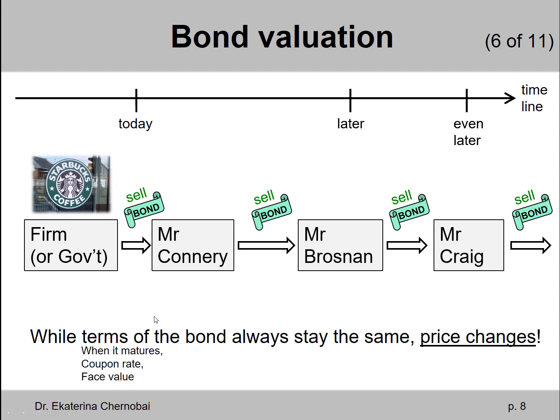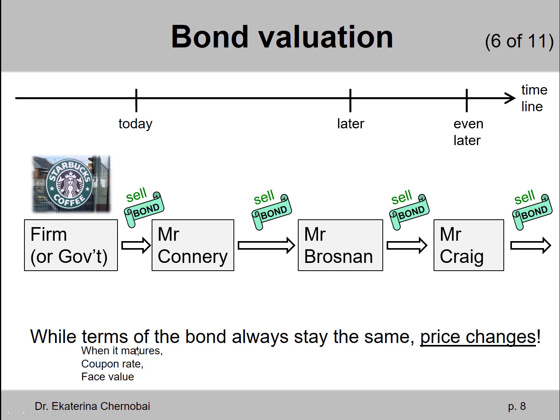One thing remains: when these bonds mature, when the last payment would be made by Starbucks to the bondholder. Another thing that remains constant throughout the years is the coupon rate, let's say 5%, that determines the coupon payment every year, as well as the face value, which is the additional dollar amount that will be paid at maturity on the very last date.